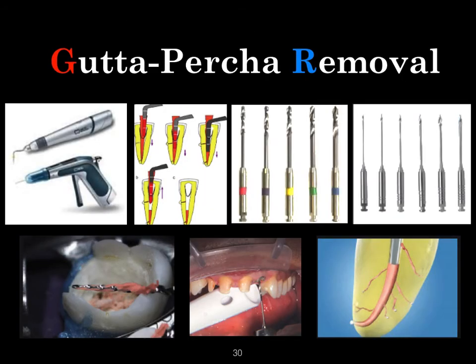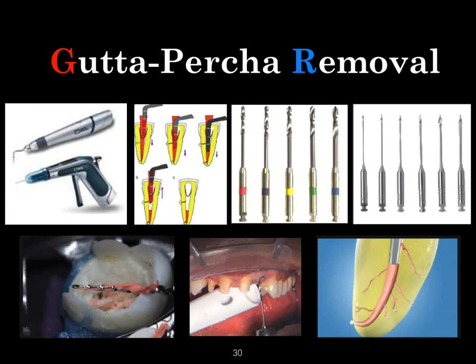Now, how to remove the gutta percha? Usually, as I said, it's preferable to remove the gutta percha with a heated instrument. If not, you could use one of the latch type burs, either the post preparation burs or the Gates-Glidden.